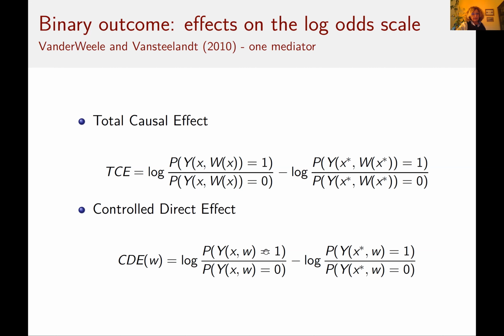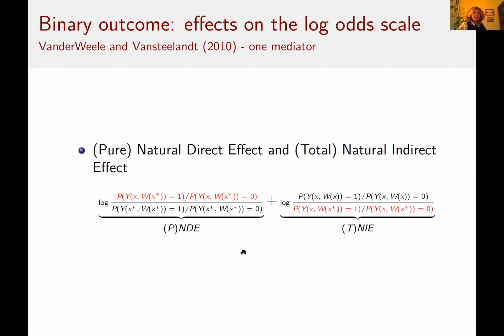The controlled direct effect is when you externally fix the w. And then you have, again, the pure natural direct effect and also the other decomposition. I'm not going to explain this in detail because, as I say, not much changes from the previous comments apart from the scale.